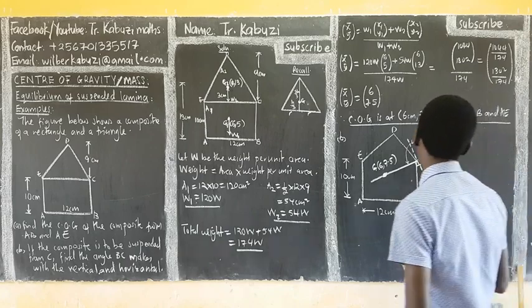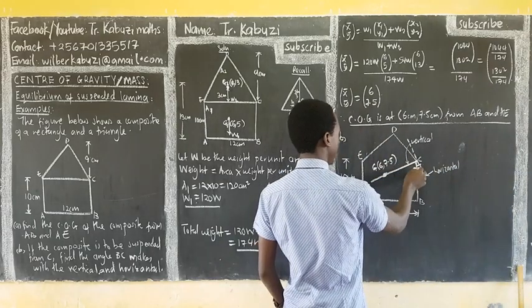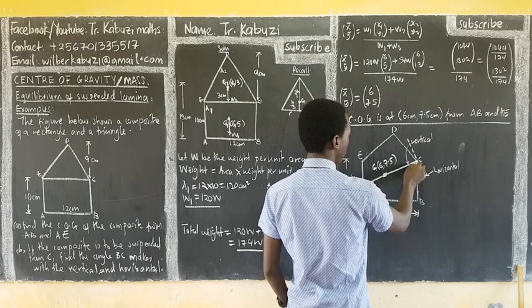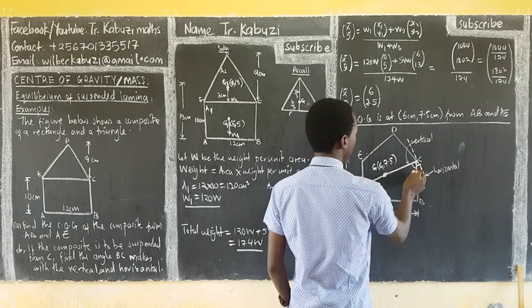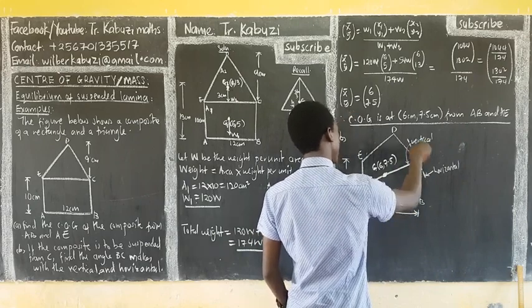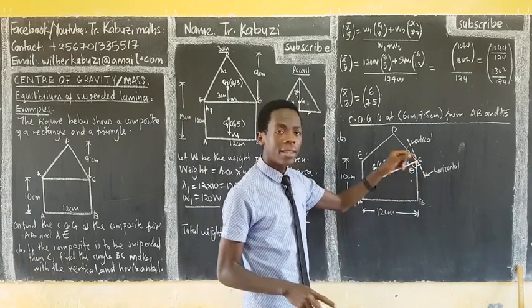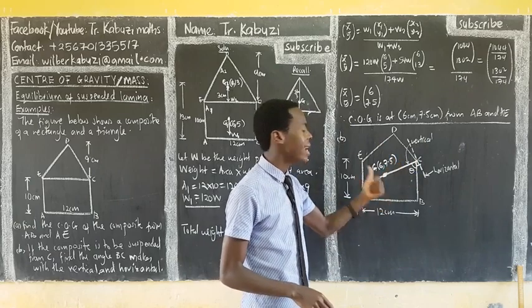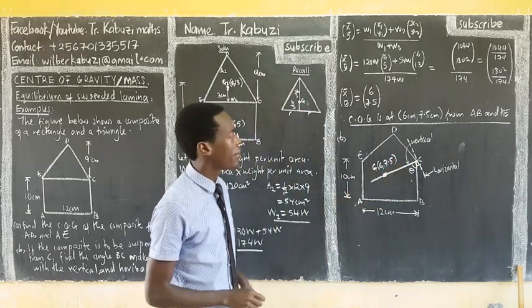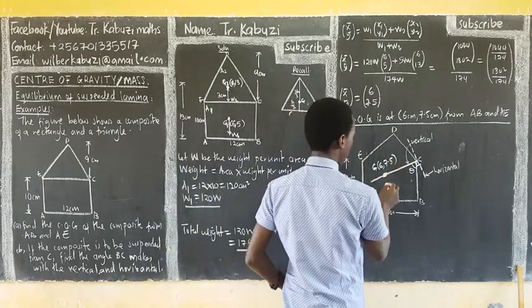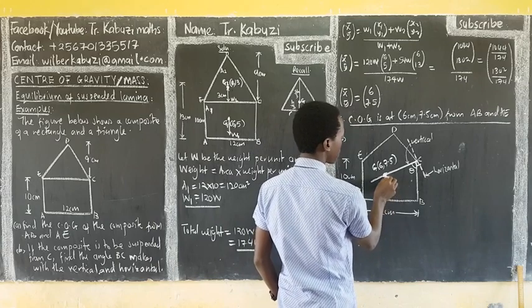Now the angle it makes with BC is theta. So this is the vertical, this is the horizontal. Always remember, the vertical passes through the point of suspension and through the center of gravity, as simple as that.